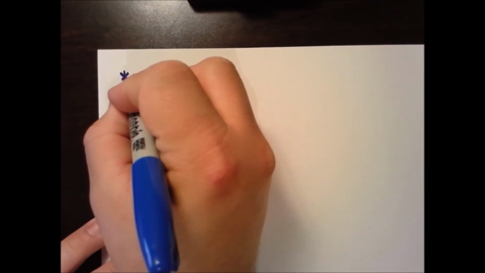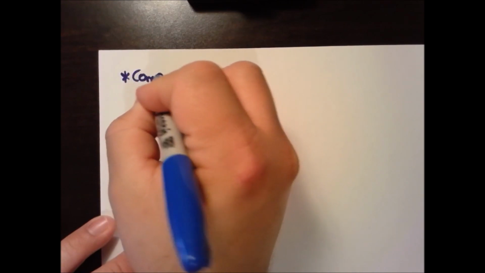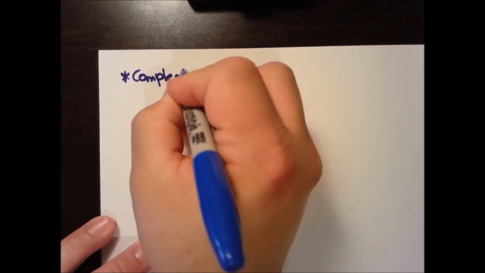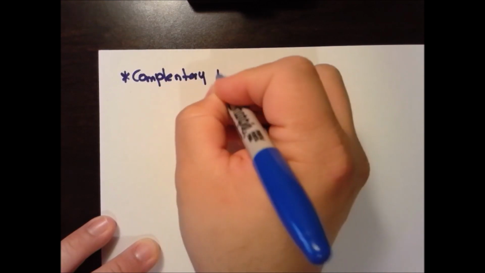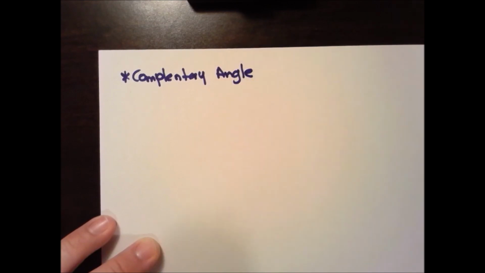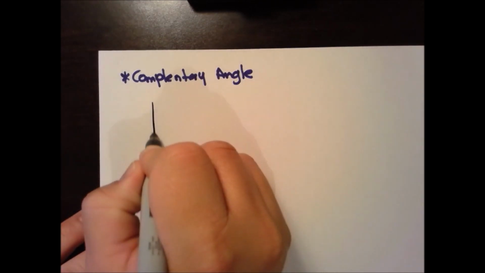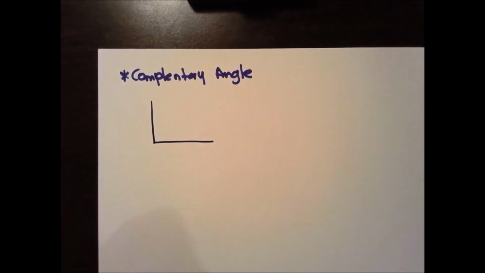First of all, we are going to talk about what a complementary angle is. When you have two angles and you add them and the result is 90 degrees, those angles are called complementary angles. For example, let's suppose that we have a 90 degree angle, but it is formed by two angles.